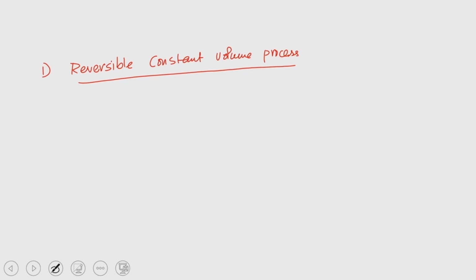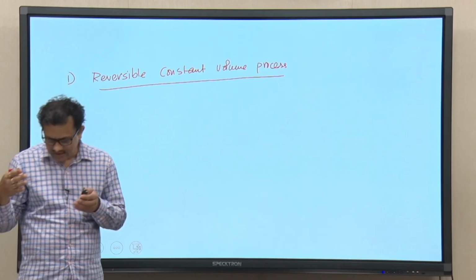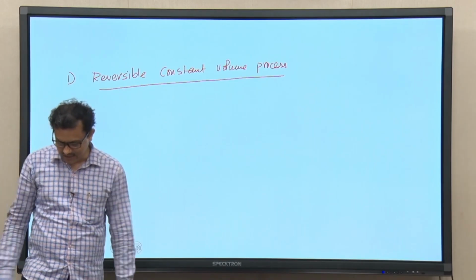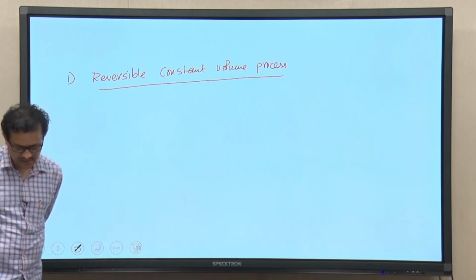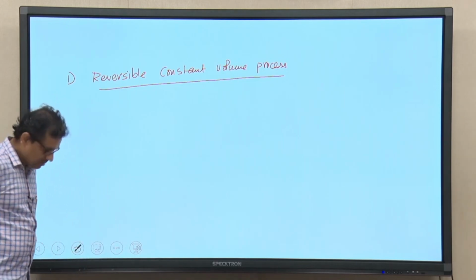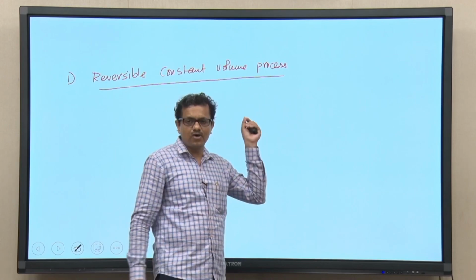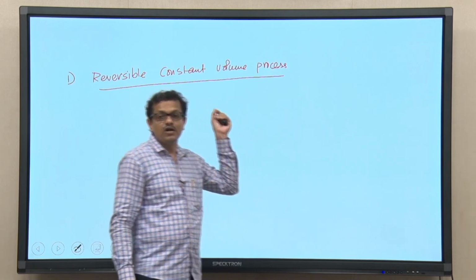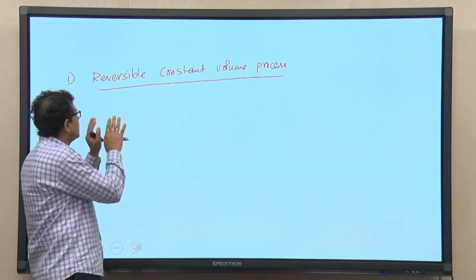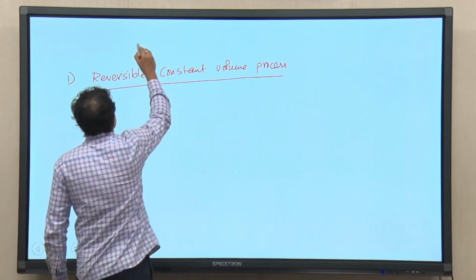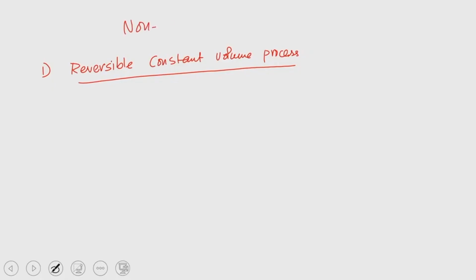So, you know that we have to write first law, we have to write second law, and then we can write the combined first and second law, right. So, reversible constant volume process. So, first law. Now, we shall be writing all the relevant equations for all these processes for a non-flow process. So, basically for a non-flow system.